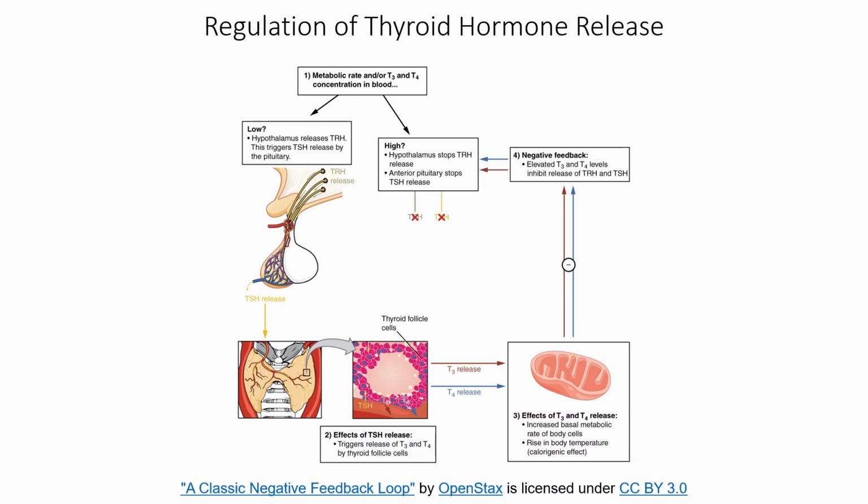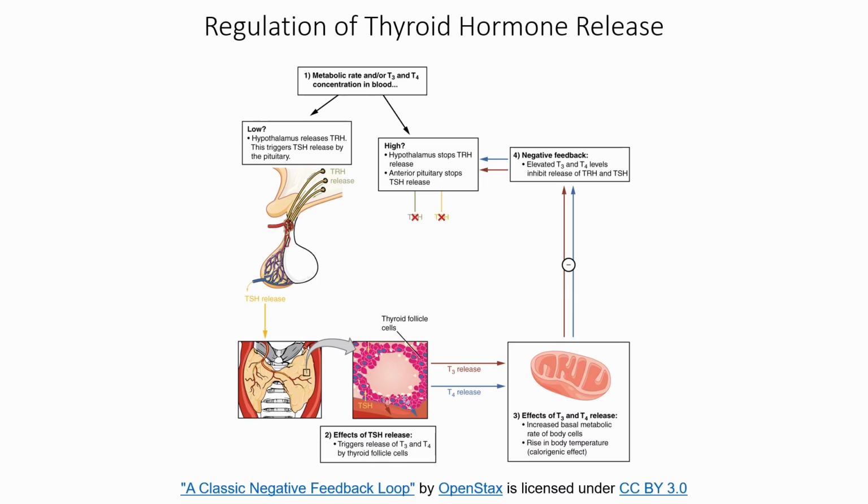Anterior pituitary will then release TSH, or thyroid stimulating hormone. That will then cause the follicle cells in the thyroid to release T3 and T4. And the effect of T3 and T4 is it's going to increase your baseline metabolic rate. This also will increase your body temperature, right? So it's going to increase your baseline metabolism.